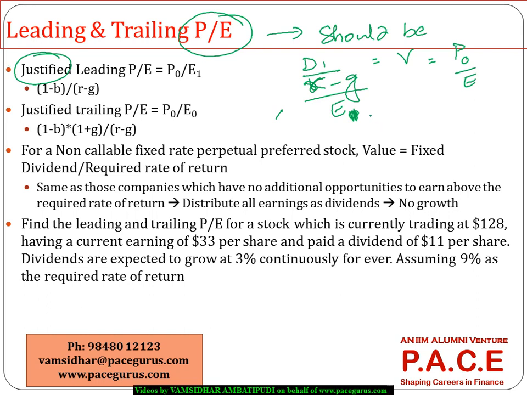So an interesting aspect that comes out here: let's say I am using leading P by E. So d1 by (r minus g) divided by e1. A small rearrangement will make it d1 by e1 divided by (r minus g). And d1 by e1 is nothing but the payout ratio, the next period dividend as a percentage of next period proposed earnings.